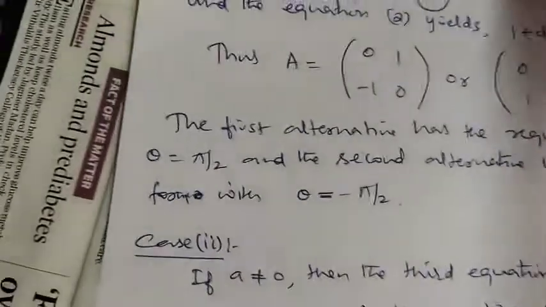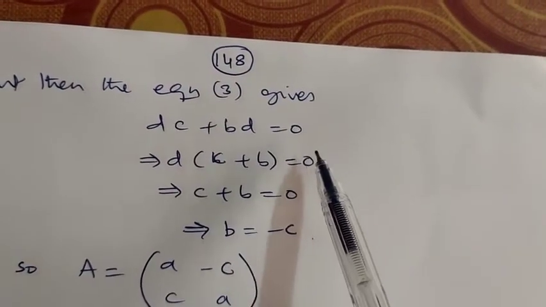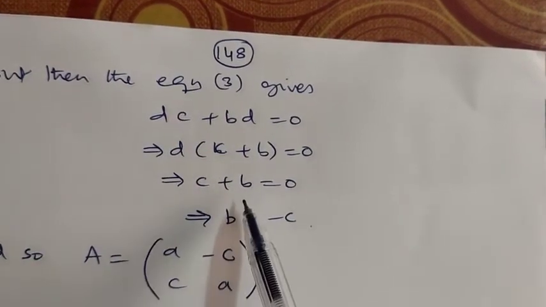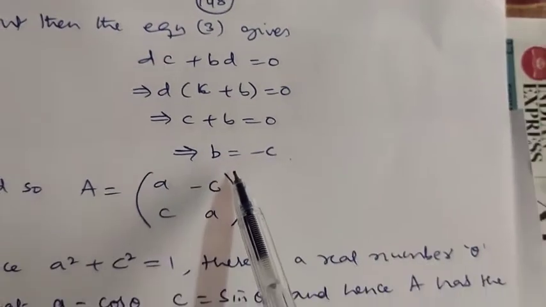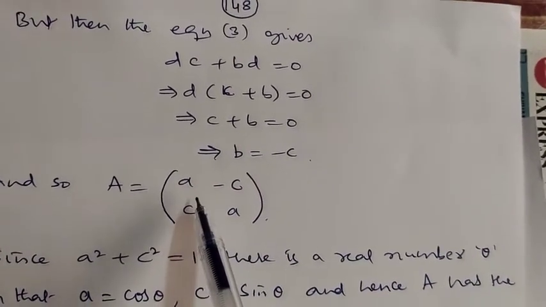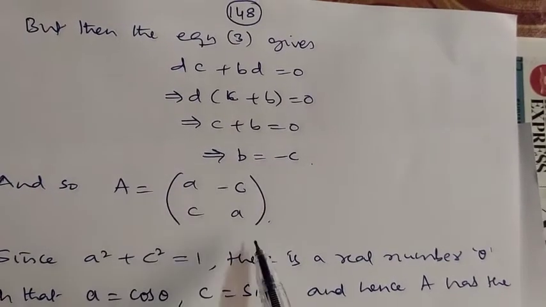If a is equal to d, then equation 3 gives dc plus bd is 0, or d times c plus b is 0. This implies, since d cannot be 0, c plus b is 0, so b is equal to minus c. And so A is of the form a, minus c, c, a.